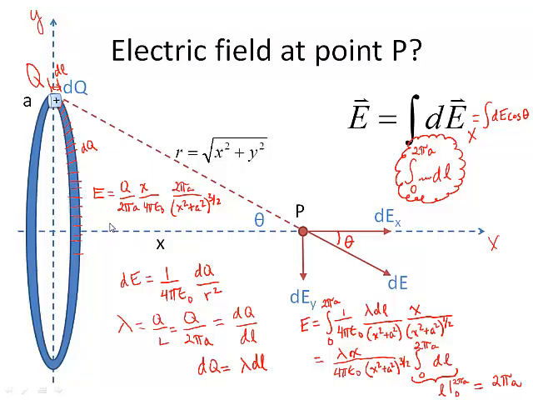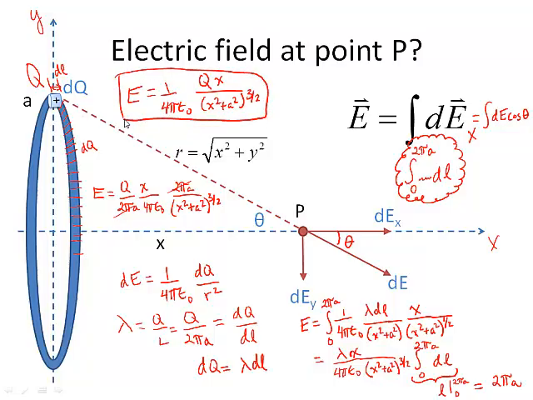Some of these things cancel, the 2 pi a's cancel out, and what I'm left with is that the electric field is equal to 1 over 4 pi epsilon naught times big Q times x over x squared plus a squared to the 3/2 power. And that's my final answer for the electric field at point P.